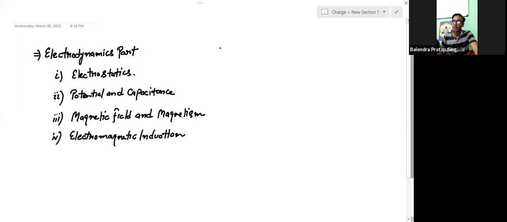Okay, so electrostatics, potential and capacitance, magnetic field and magnetism. Next is electromagnetic induction, and the last one is alternating current.